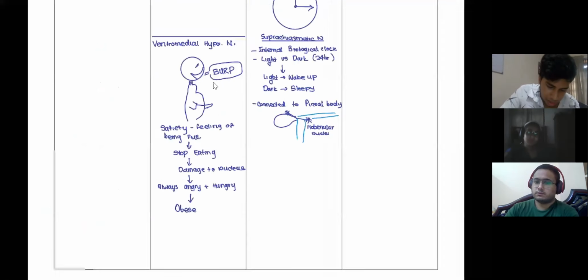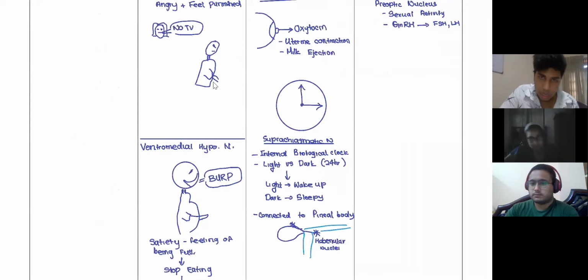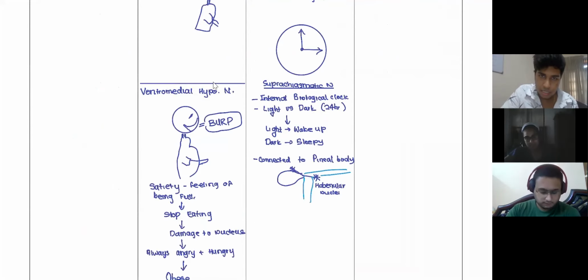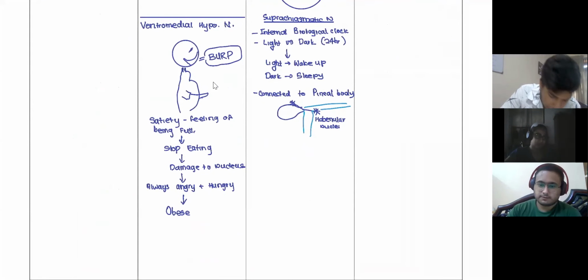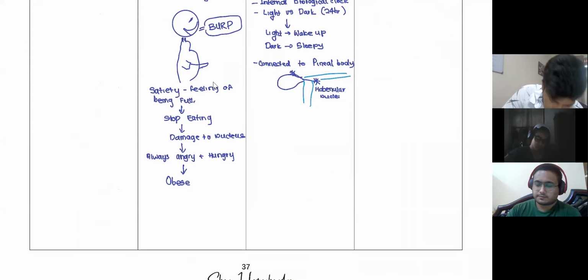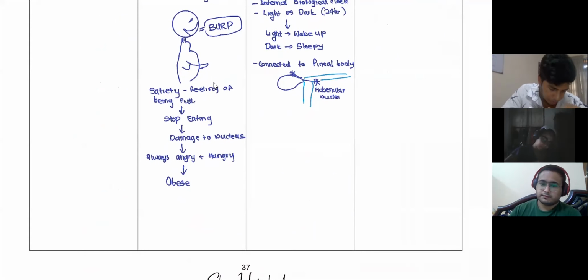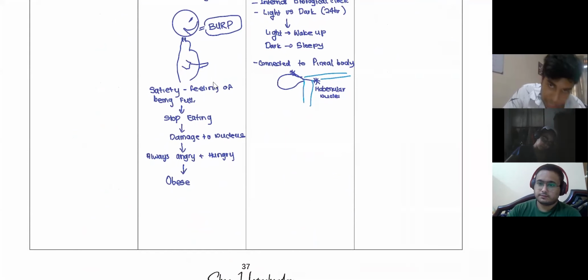Okay, so the hypothalamus is involved in regulation of temperature. One side is the AC.